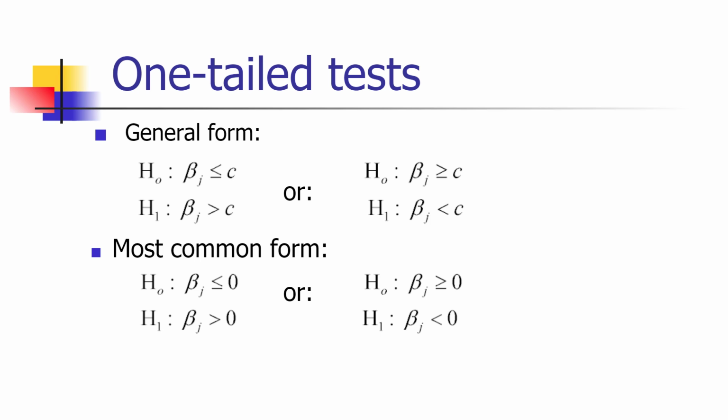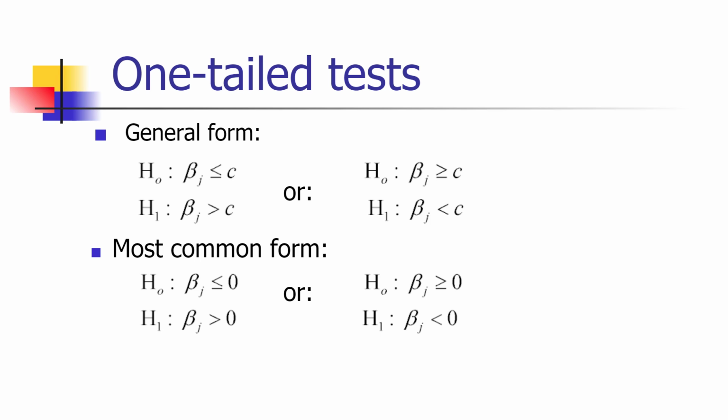The most common form of this, again, involves a comparison not to some arbitrary constant, but to 0. So in the situation on the left, the null hypothesis is that beta j is less than or equal to 0. In other words, it's non-positive. If you can reject the null hypothesis, that provides evidence that there's a significantly positive impact of that variable.